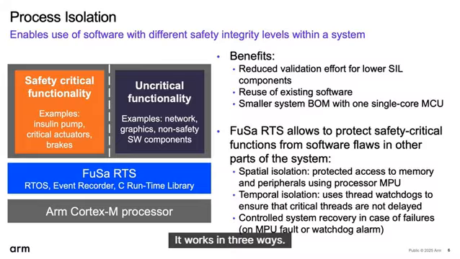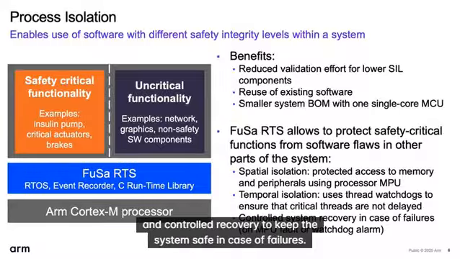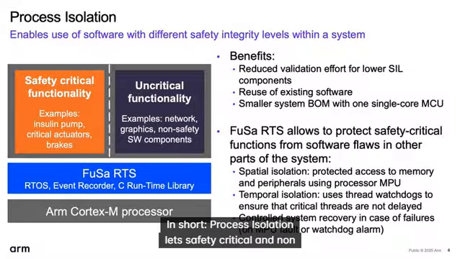It works in 3 ways: spatial isolation with MPU-protected zones and safety classes, temporal isolation with watchdogs to enforce timing, and controlled recovery to keep the system safe in case of failures. In short, process isolation lets safety-critical and non-safety functions run together, reliably, securely, and in compliance with functional safety standards.